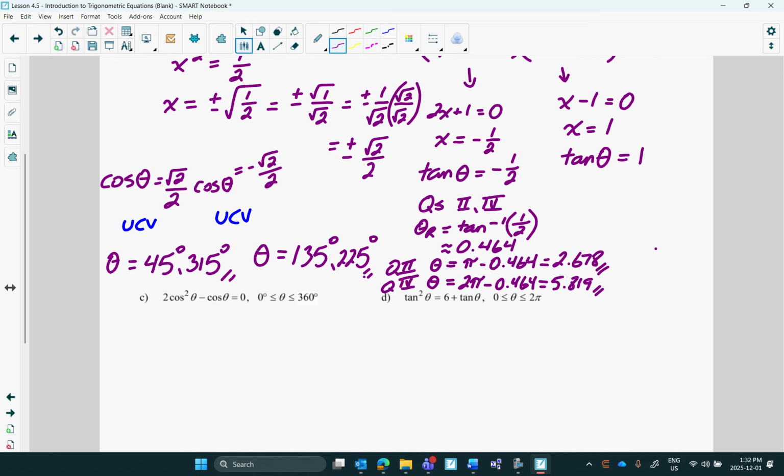Pi over 4, because that's 45 degrees, and 3 pi over 4, because the 2 points are root 2 over 2 comma root 2 over 2 in quadrant 1, and negative root 2 over 2 comma negative root 2 over 2 in quadrant 3. So this is actually a unit circle one. We can finish it right away.